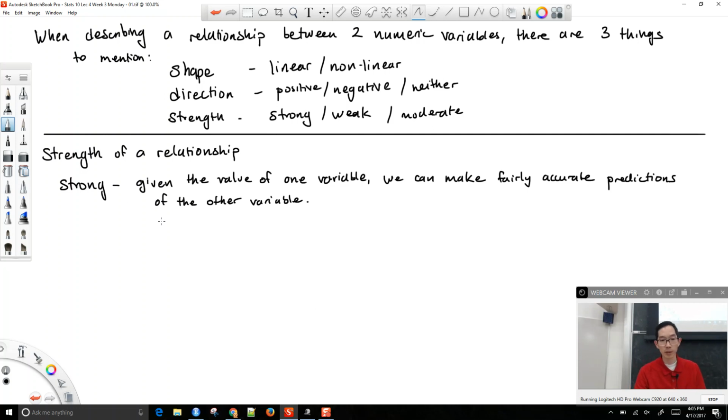Or another way to think of it is we can say there is little scatter around a trend line.